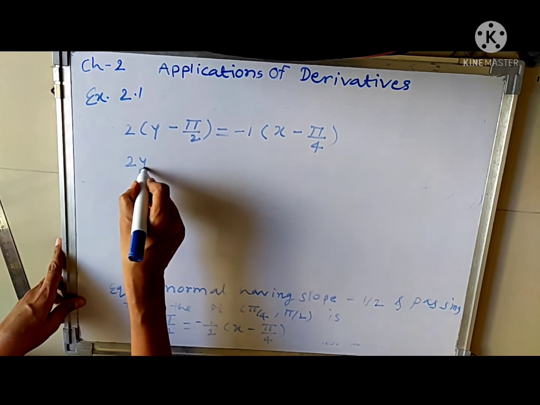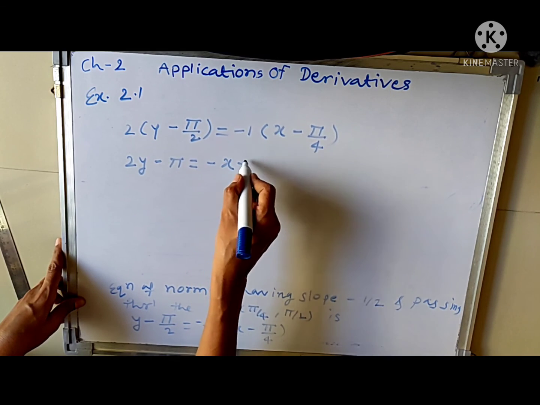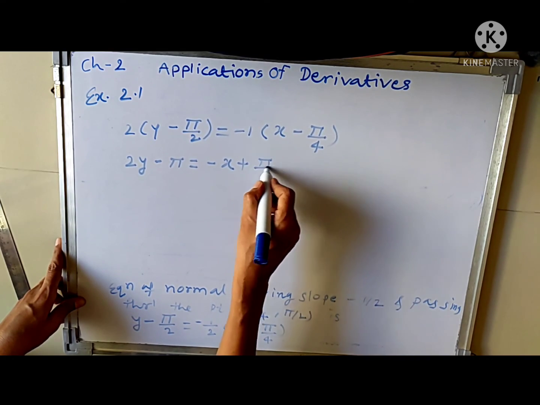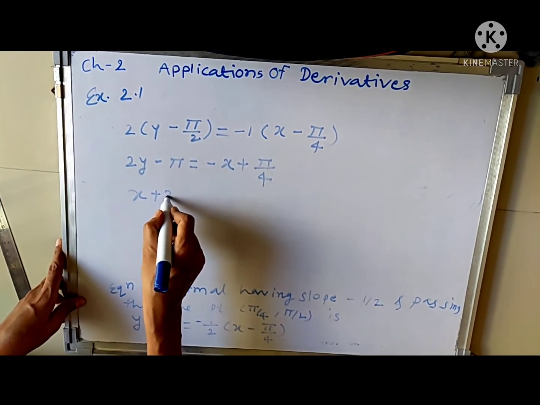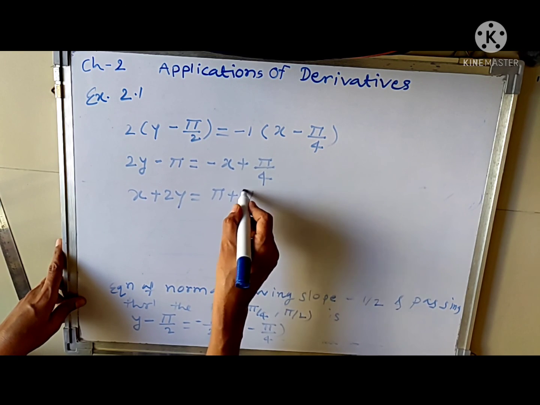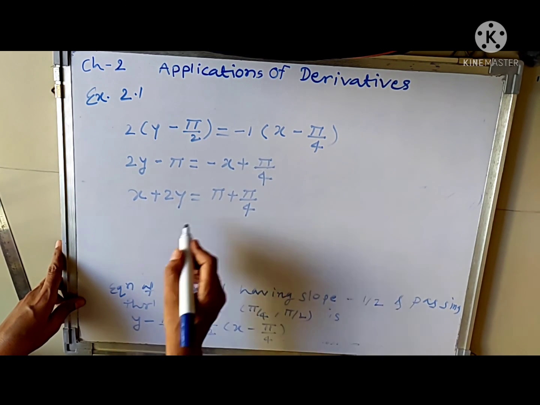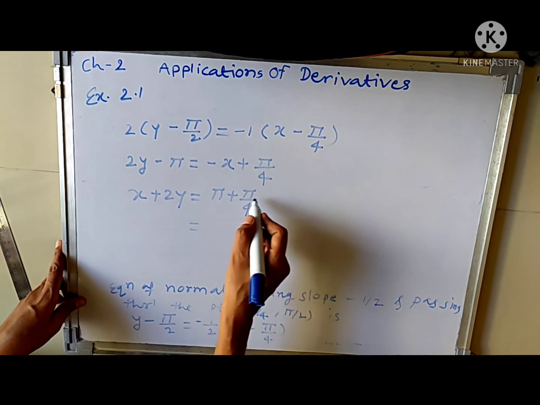Therefore, it is 2y minus pi equal to minus x plus pi by 4. Now, x plus 2y equal to pi plus pi by 4, which is equal to 4 pi plus pi over 4.